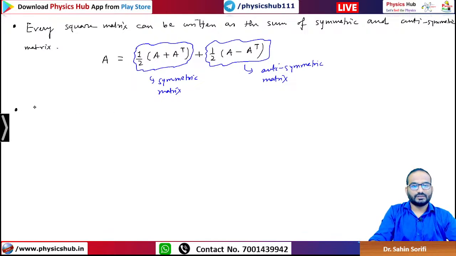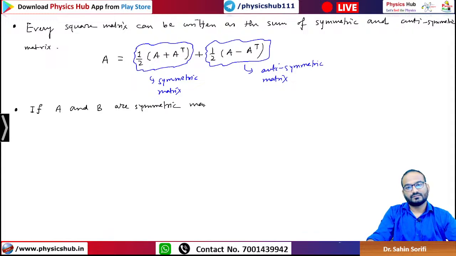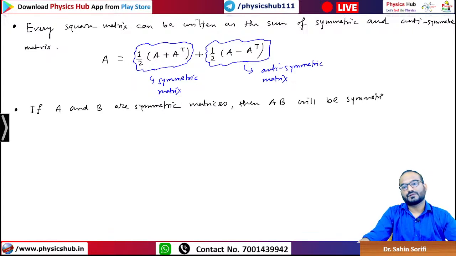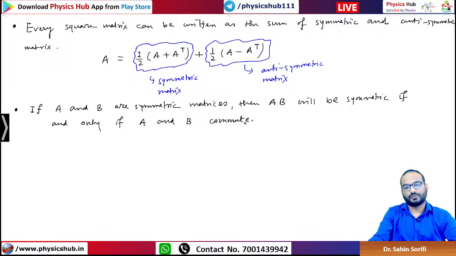Now look at these statements. If you understand, then you don't need to remember. If A and B are symmetric matrices, then AB will be symmetric if and only if A and B commute.